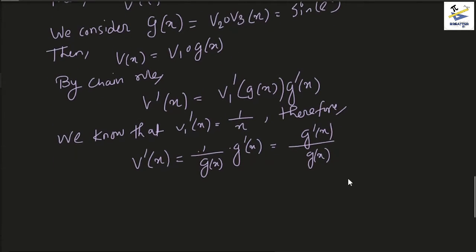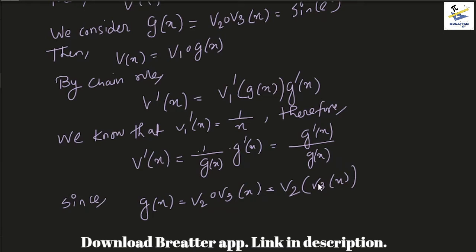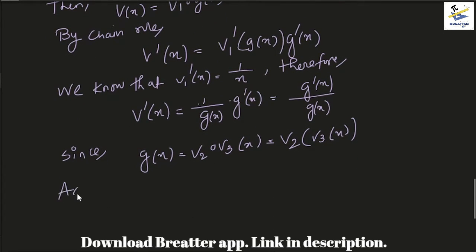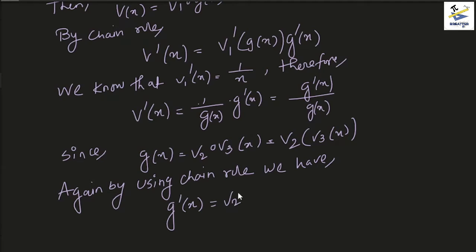now to find g prime of x, since g of x is equal to v2 composed with v3 of x, or in other words v2 of v3 of x, again by using the chain rule, we have g prime of x equals v2 prime of v3 of x multiplied by v3 prime of x, right?